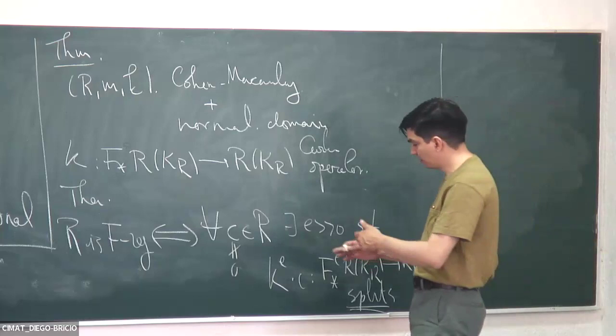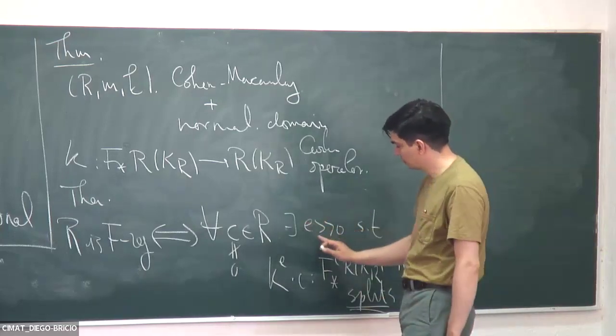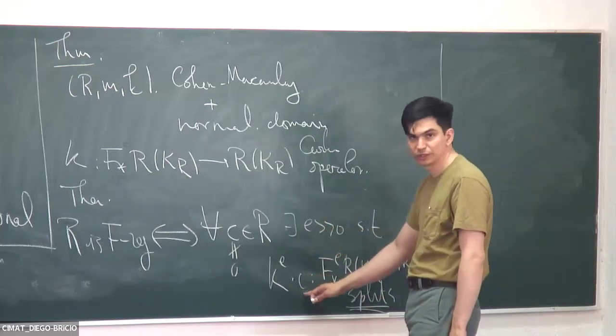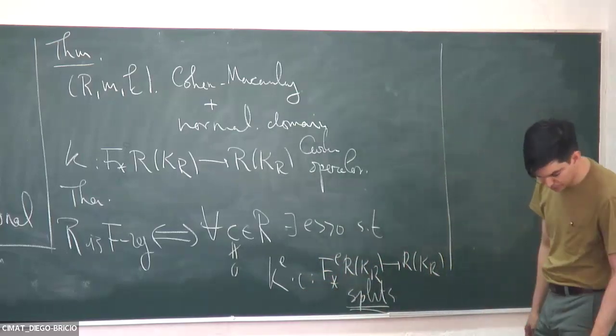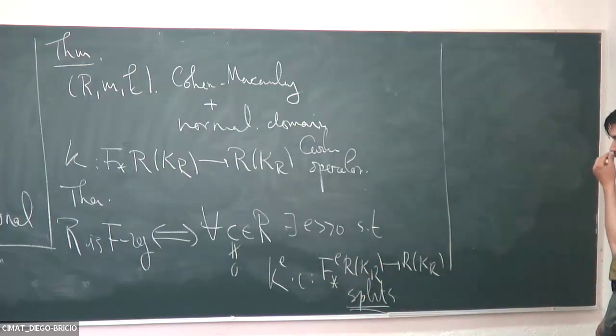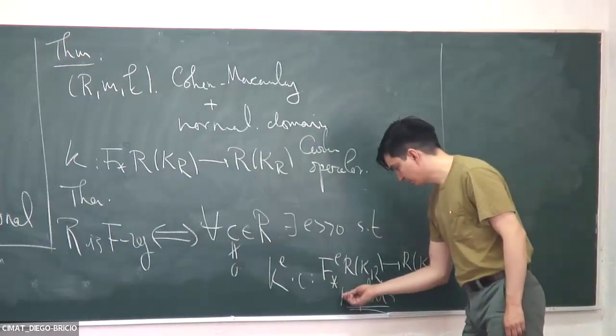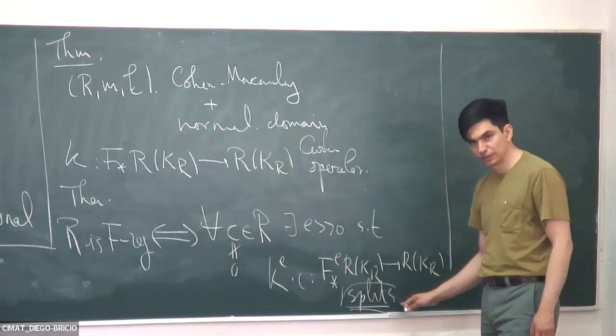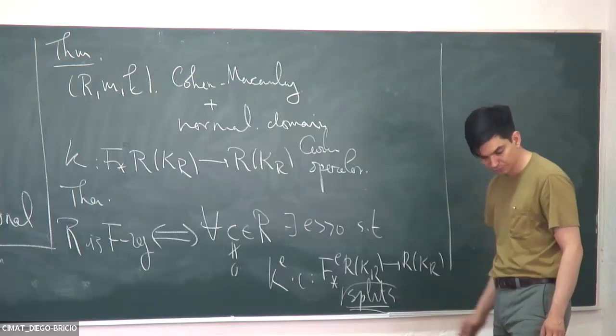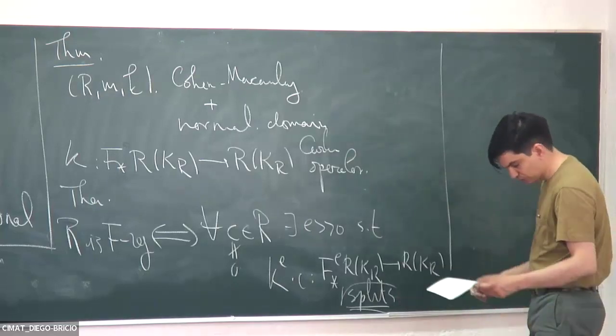The F-regularity part has this. First of all, you have to take sufficiently large powers, and you have to do this twist by c. Okay. So, but yeah, you see, it's a very strong thing. It's stronger than surjectivity.